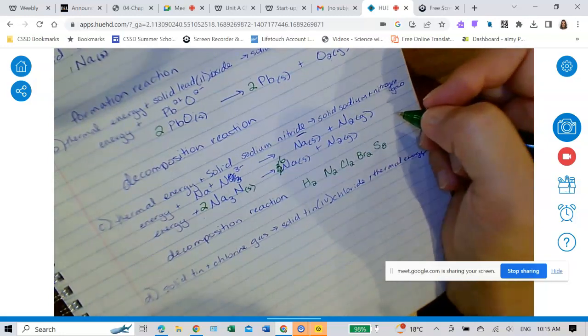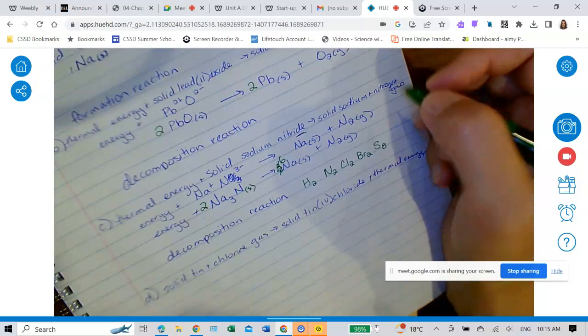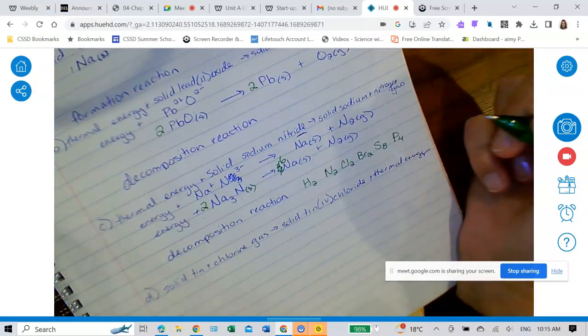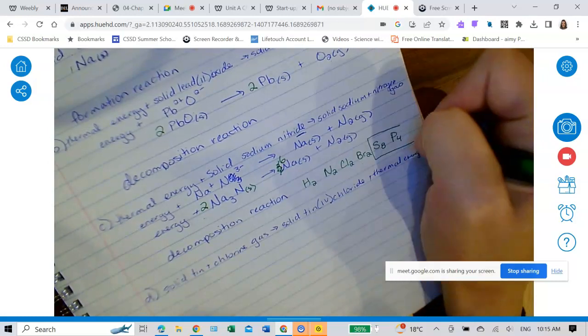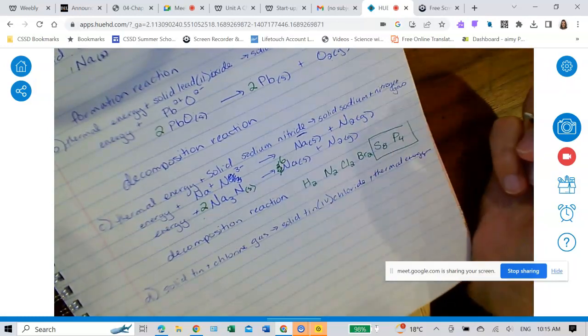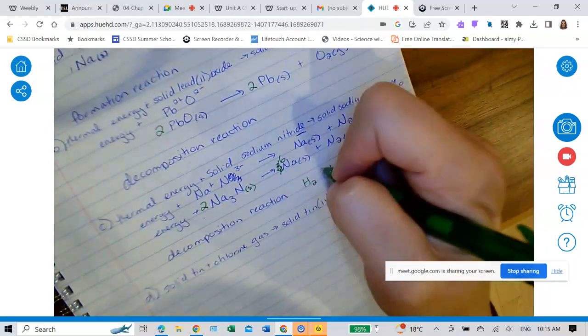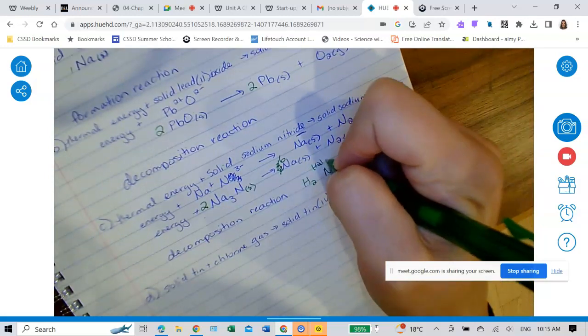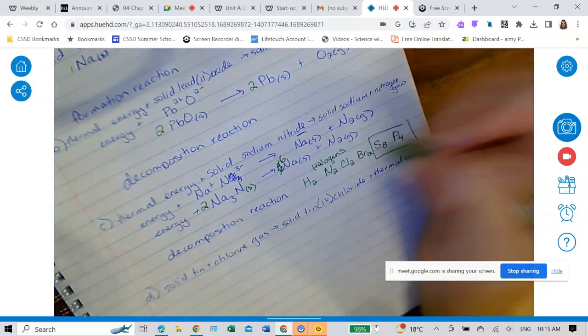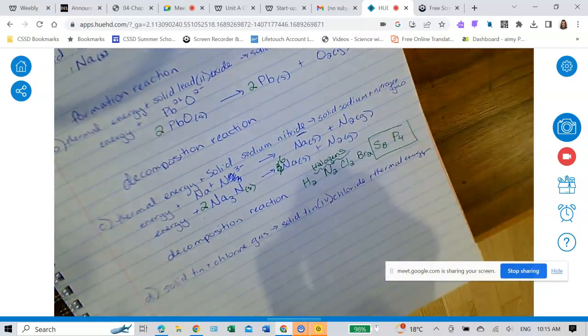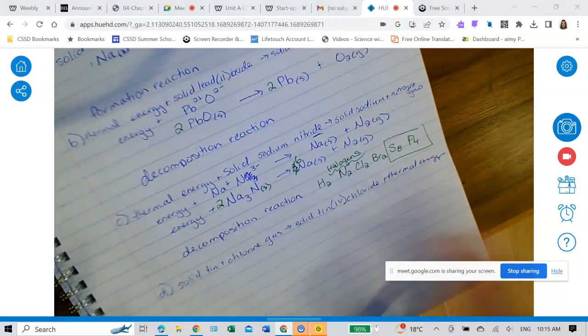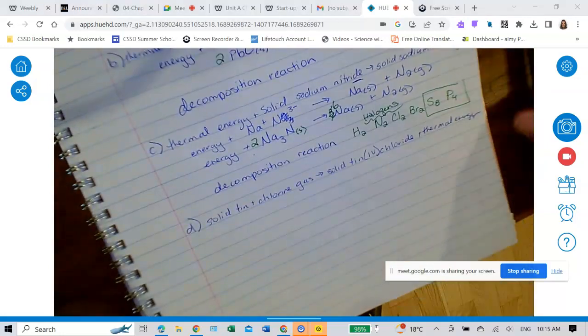And there's one that comes in 4s, I think it's phosphorus, that comes in 4 packs. These 2 I wouldn't worry about for grade 10. But the halogens come in 2 packs. Are you supposed to know that? I don't know. Your teacher will tell you. And I'm your teacher. I told you.